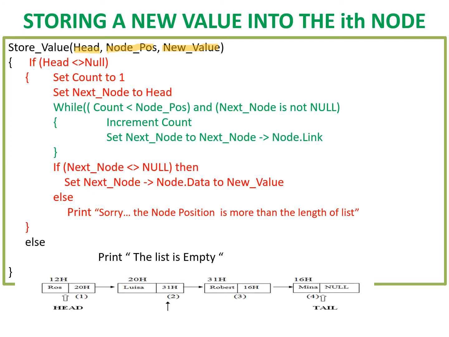So let's have the values. Head is 12h. Let us say we want to store at position 3, at the third element. So third element, that is our node pos. So node pos is 3. And our new value, instead of Robert, we want to store Renbert.